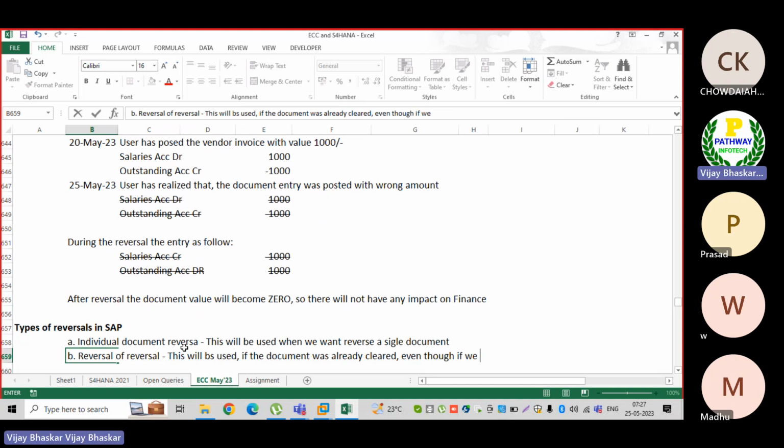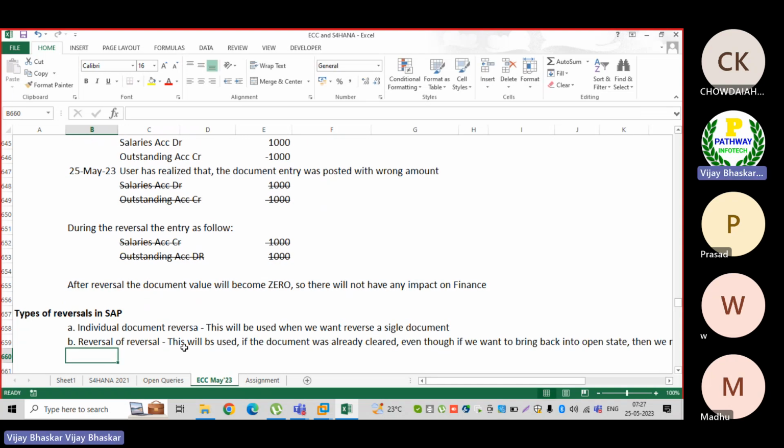Okay, I'll give the example. If we want to bring it back into open state, then we need to use this option.